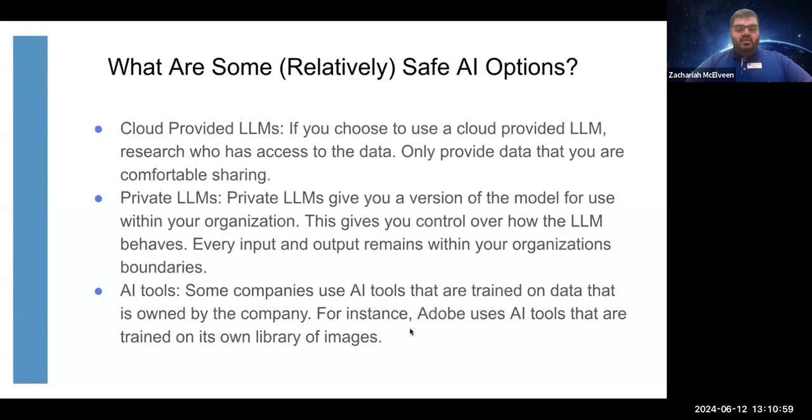They train that AI on images that they own. It's all from a library of images that they've paid for and own, and they're using that to train it. So they're not gathering data from other sources to train their AI. It's all in the house.